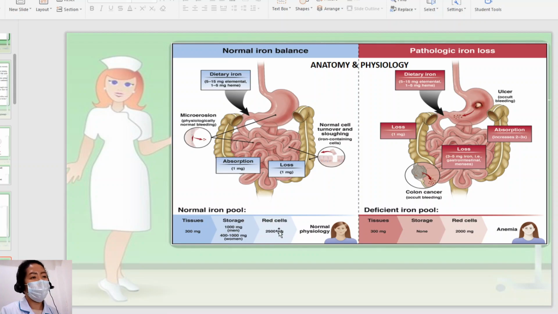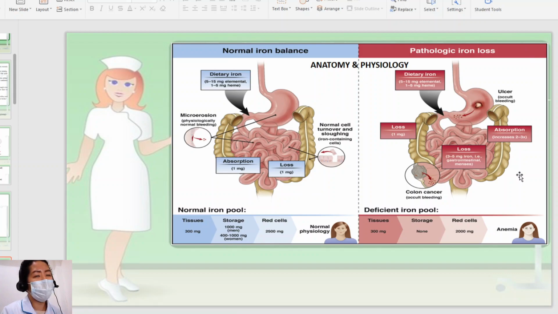Then it will form red blood cells, which is 2500 milligrams. So the normal cell turnover and sloughing, which has iron-containing cells, and there will be micro erosion. This is the physiologically normal bleeding.